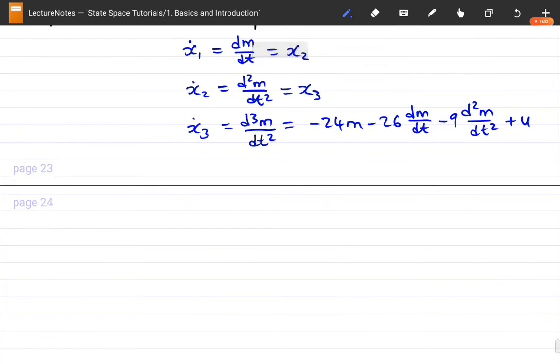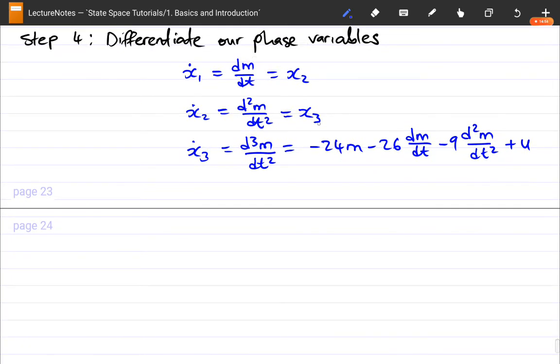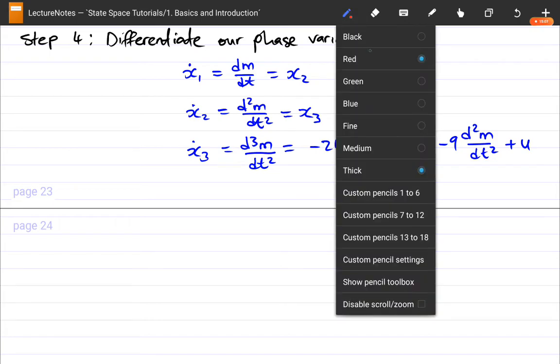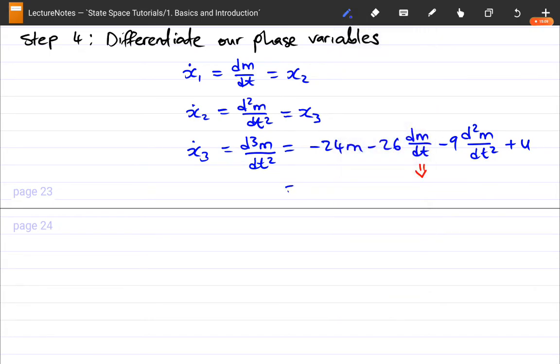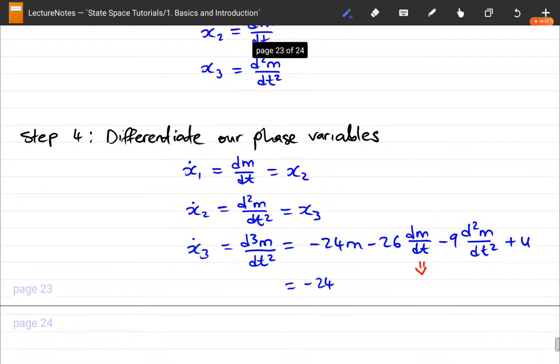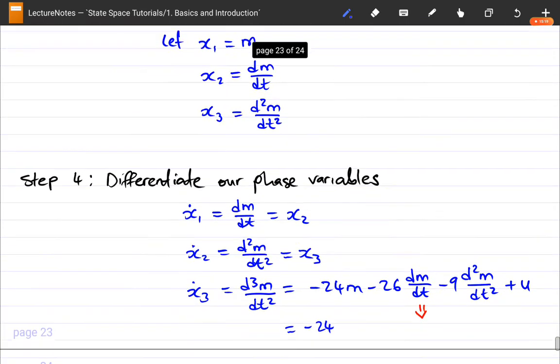And I'm gonna clean that up, and create a new page so that we can work with this. So now we can take this, and what we do next is, I'm gonna use a red pen, we can say that this one becomes, and I can move back to the blue pen because I want to express this in terms of our state variables. Minus 24m, we said up here, m is x1.